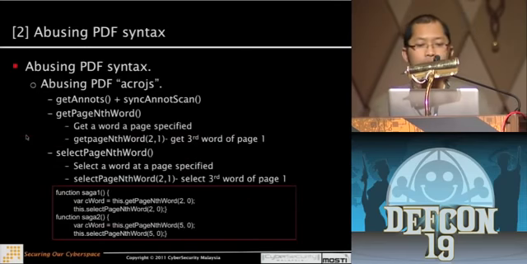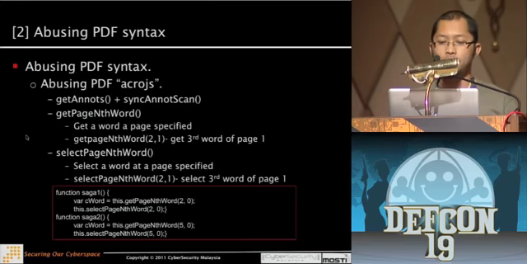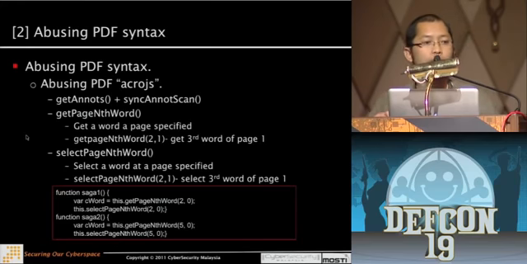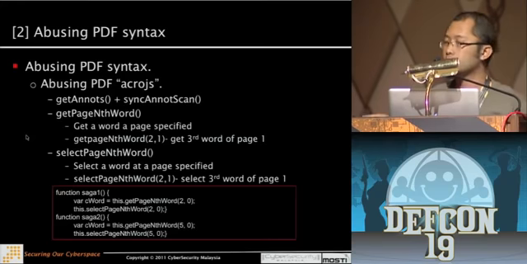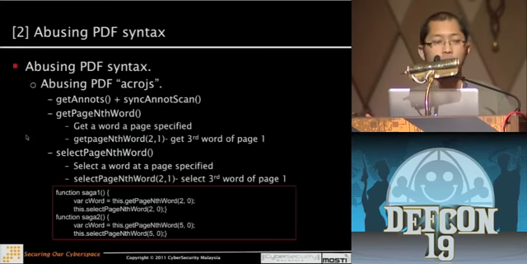Okay. Then another thing is about abusing the PDF syntax related to Acrobat, which is specifically designed for the PDF engine, especially for Adobe. A couple of JavaScript functions like getAnnots, getAnnot, getPageNumWords, for example getPageNthWord.